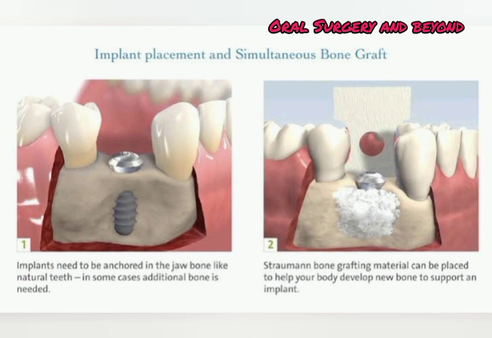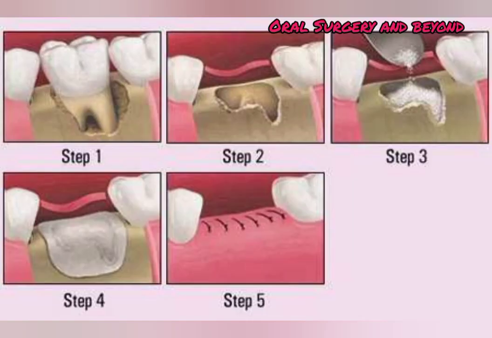Similarly, sometimes the bone width is very less and after placement of implants some implant threads are exposed, like in image number 1. In such cases we can put a synthetic bone graft and place a membrane over it, so natural bone is formed at that region and our implant is saved.